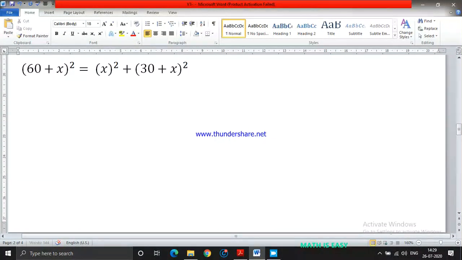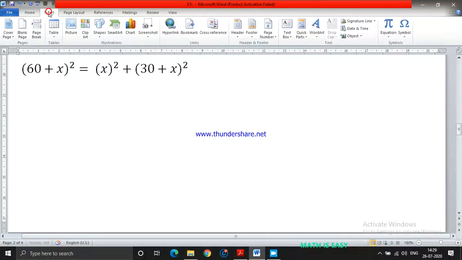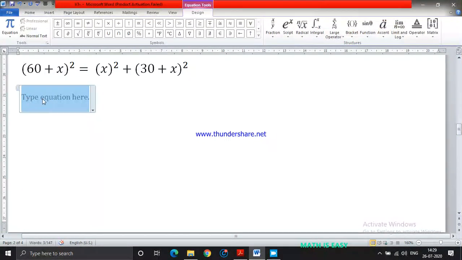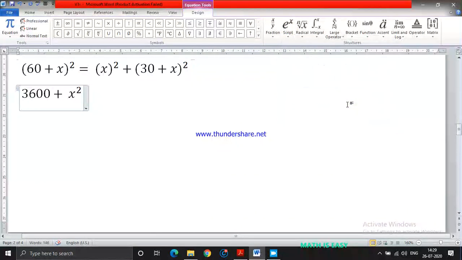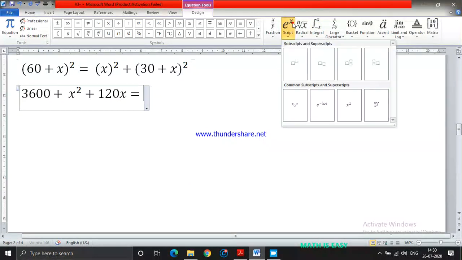Now if I simplify this one, what do you get? 60 plus x whole square. If I want to simplify this one, I have to use the (a plus b) whole square formula. (a plus b) whole square means a square, 60 square is 3600, plus b square, x square, plus 2ab, 2 into 60 into x, that is 120x, is equal to, here you have x square only.